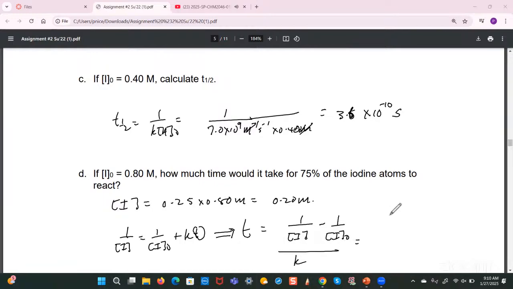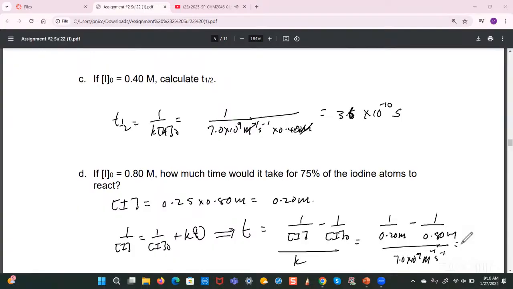So that would be 1 over 0.20 M minus 1 over 0.80 M, divided by k, which was 7.0 times 10 to the 9, M to the minus 1, s to the minus 1.